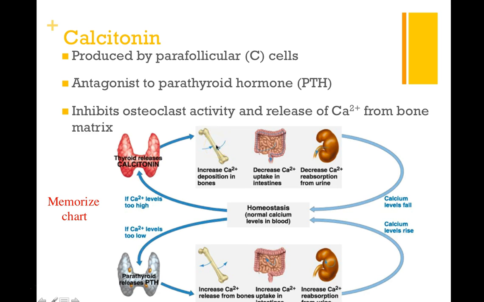With that taking place, we can increase calcium deposit in our bones. The other thing that's going to take place is within our intestines and our kidney, we can decrease the amount of calcium ion uptake and reabsorption. And what that in turn will cause is calcium levels will fall and go back to homeostasis.